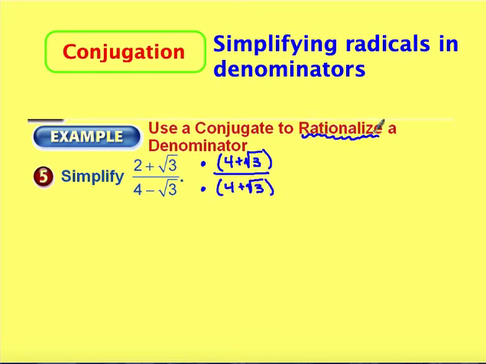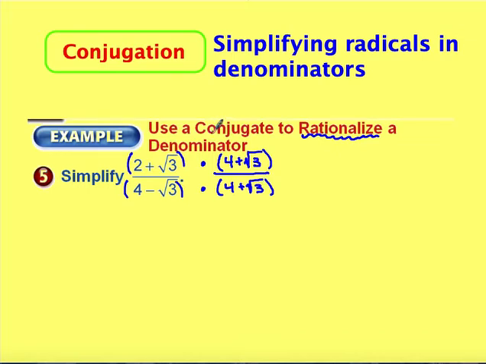So this is a form of rationalizing when I have more than one term. So when I have 2 terms in my denominator, I use the conjugate to rationalize. So you can see that since I did the same to the top that I did to the bottom, it's simply multiplying by 1.